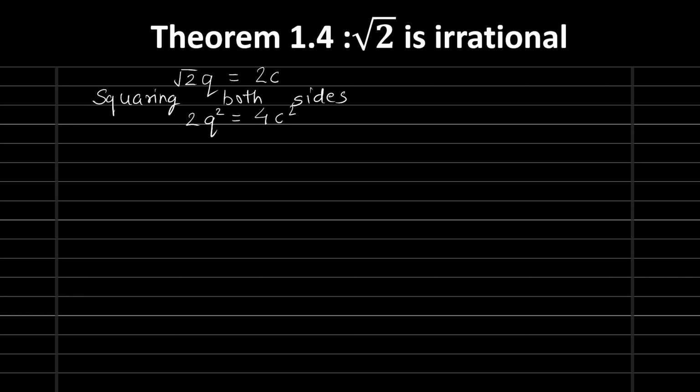And hence, we can simplify it further, which can be written as q square equals to 4c square upon 2, which can be written as 2c square. So we got q square equals to 2c square. Therefore, we can write it down in the form of q square by 2 is equals to c square.